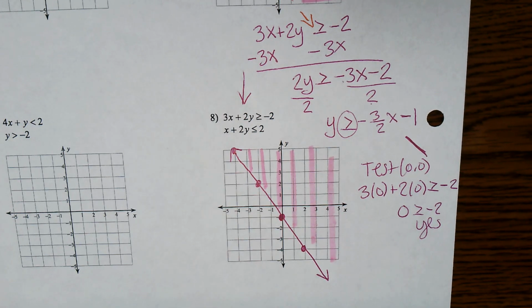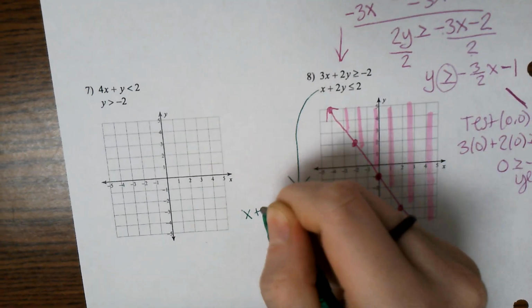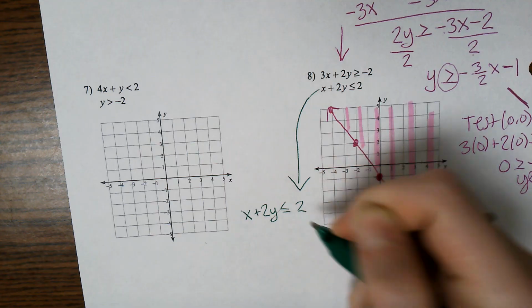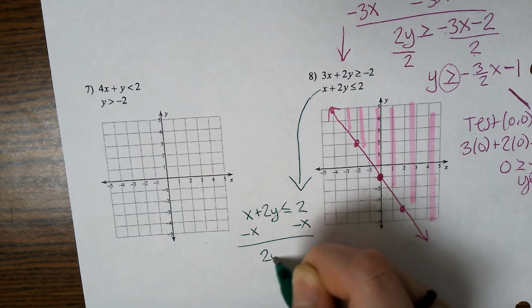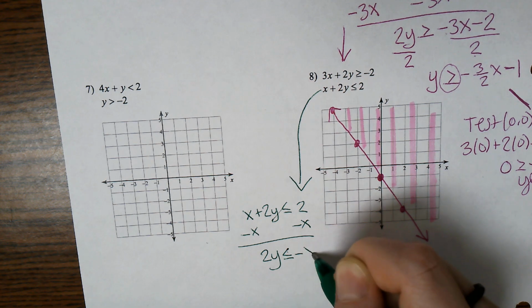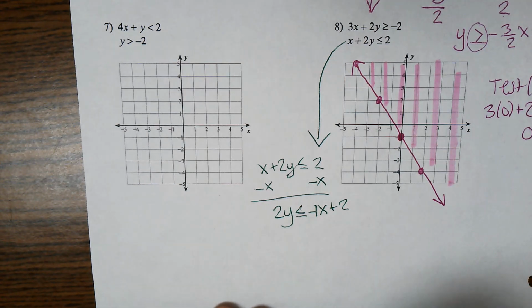Then I'm going to graph my other line. So this other line, I need to also solve for y first. So x plus 2y less than or equal to 2. I'm going to subtract x from both sides. So I have 2y less than or equal to negative x plus 2. Technically, this is a negative 1 out front here.